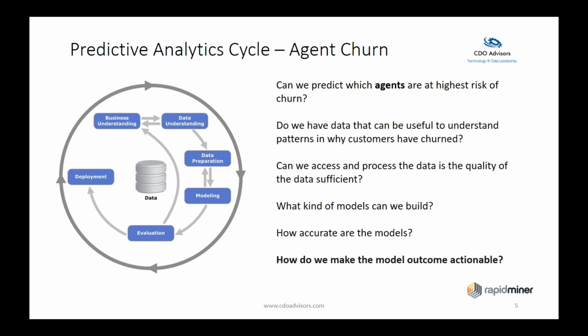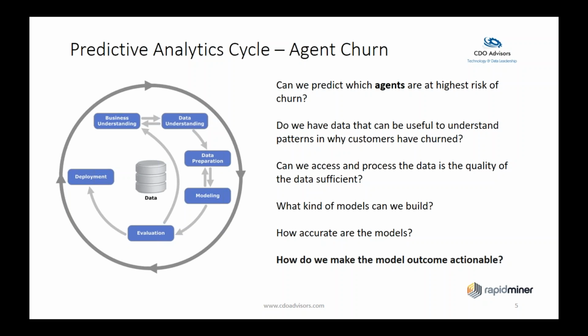So a lot of times you might have data, but the data quality is poor, or you don't have access to the data that you really want, and it takes longer to get that. So those are all key features in data preparation, data understanding. And then what kind of models can we build? There's various different algorithms out there that you can apply to your data. The accuracy of the models is important, but the real goal of this is, how do you make the model outcome actionable? And that's really what we want to focus on.